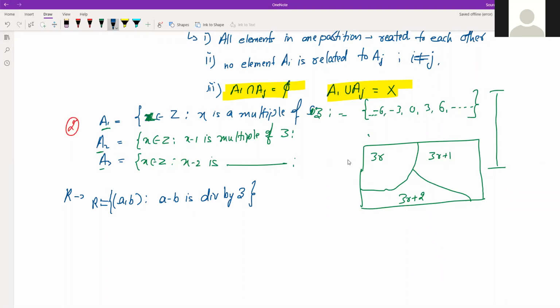Now under this relation, if we follow the same arguments which we saw earlier, we can show that R is an equivalence relation.